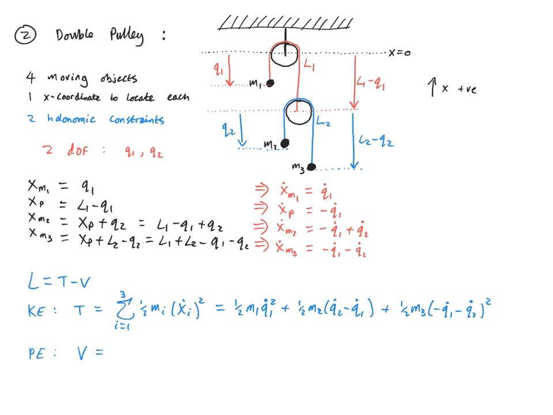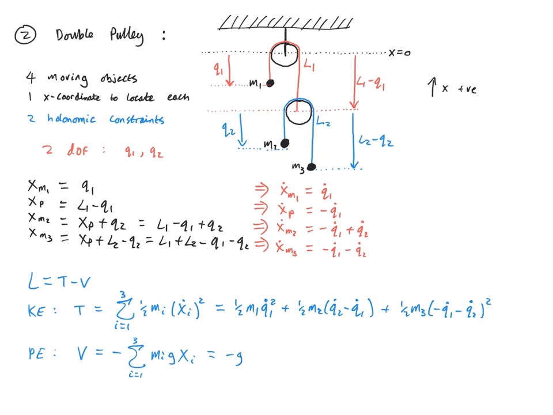Here we have simply the potential energy due to gravity of the three particles. I can write that as minus the sum over i, again, from 1 to 3 for our three particles, of mi times g, the gravitational acceleration on the surface of the Earth, times the x-coordinate xi of the three particles. Again, I can write this in terms of the generalized coordinates very straightforwardly.